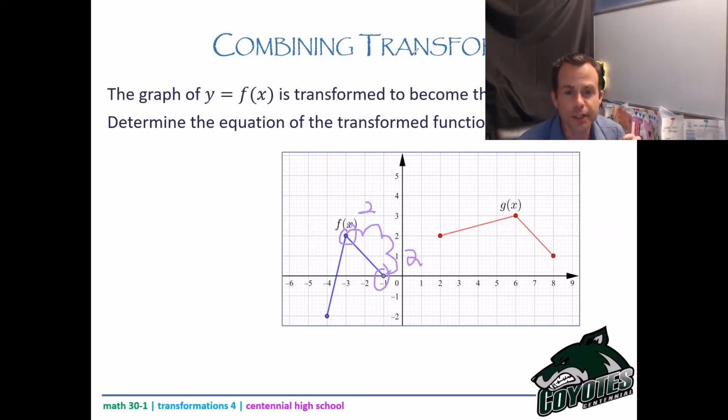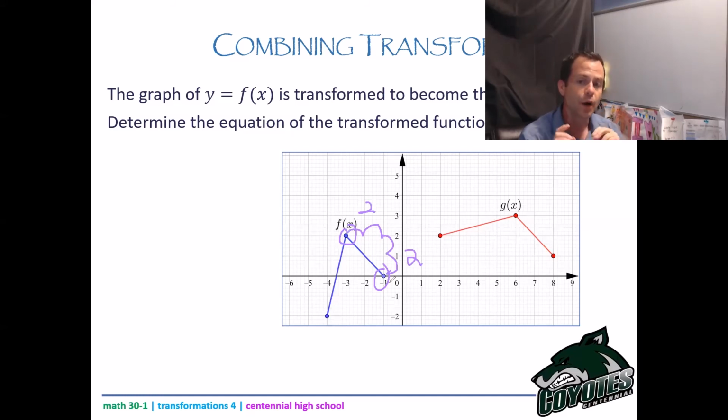Okay, so I need you to think through my logic here. That means that from this point to this point, instead of going over 2, I'm going to have to go over 4. And instead of going down 2, I'm going to have to go down 1. That would apply the stretches, because remember, stretches go before reflections, right?